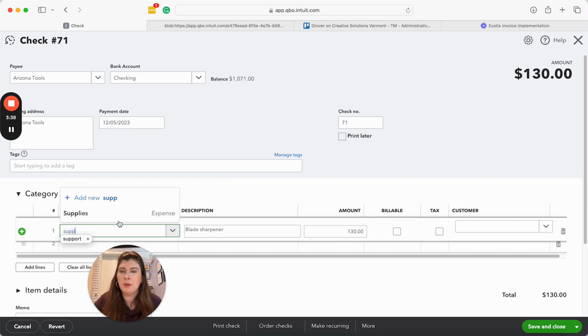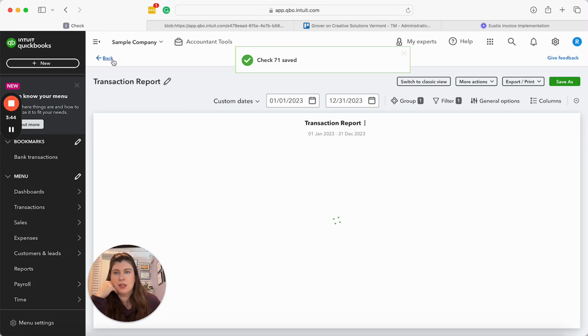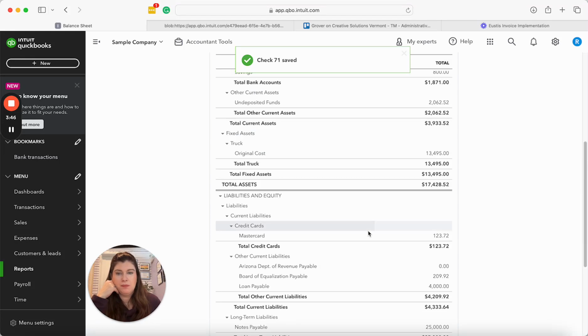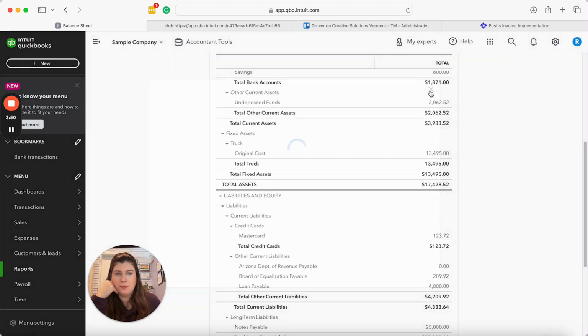We'll call it supplies for the purposes of this study. We save and close, and we go back to our balance sheet, and we see that our liability is now at 0, which is what we expect to see.